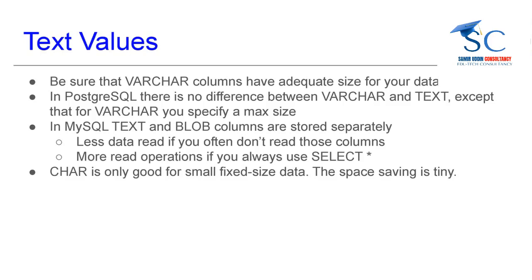This means that if you run queries that don't read those columns, your query could be a bit faster because it will make fewer memory accesses. But the opposite happens if you often use, for example, select star, because every time those columns will be read, even if not necessary, and it implies more read operations.